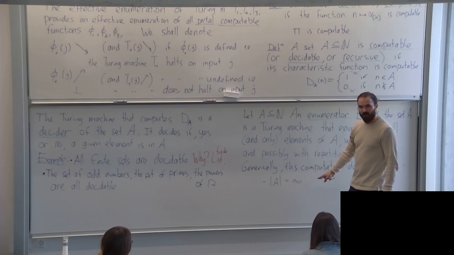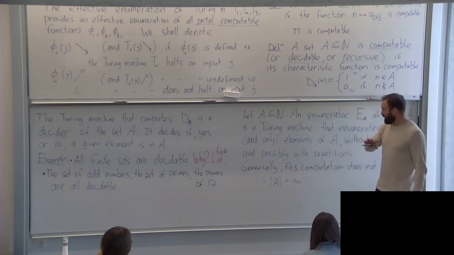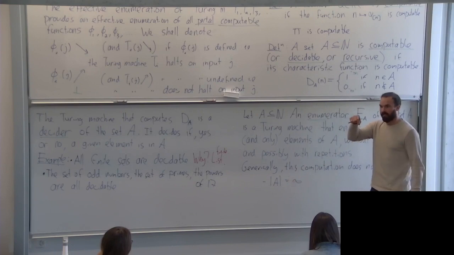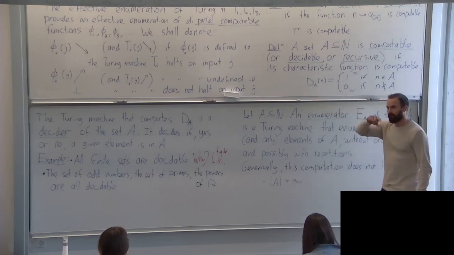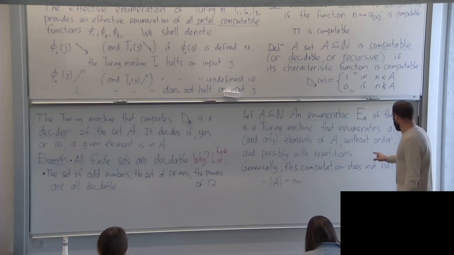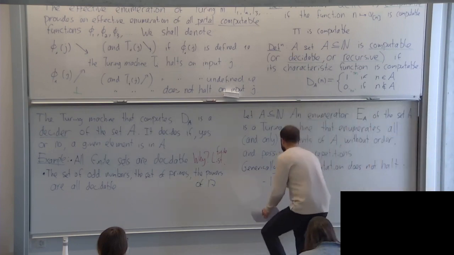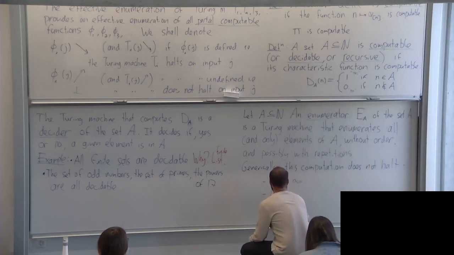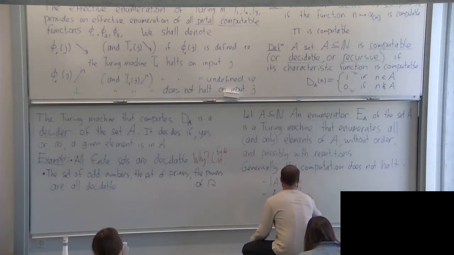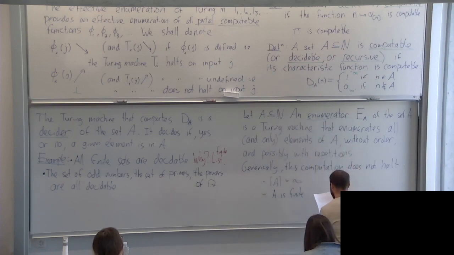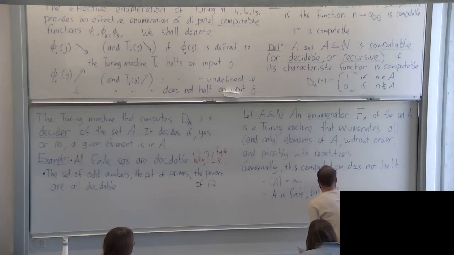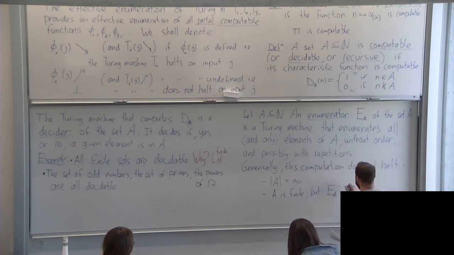But what does it mean to have output them all? It means that regardless of which element is in A, eventually it will be enumerated. But it can also not halt for a different reason. It can also be the case that A is finite, but the enumerator E_A keeps on looking for elements of A.